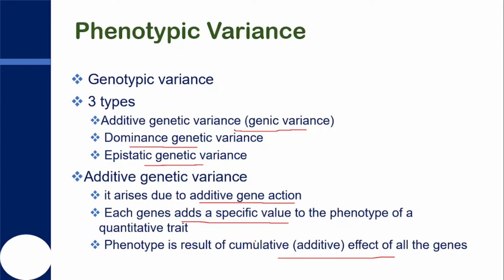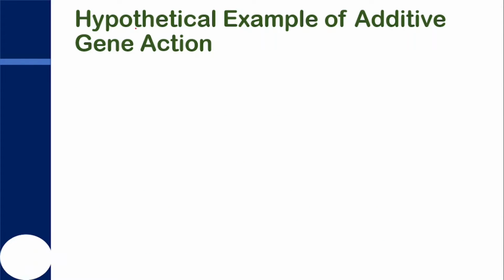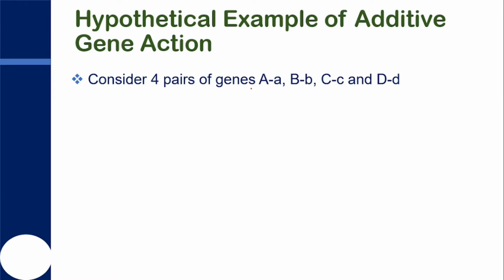I will also provide an example of this additive genetic effect so that you can better understand this additive genetic variance. Here I will provide a hypothetical example of additive gene action. Consider four pairs of genes, which are capital A, small a, capital B, small b, capital C, small c, and capital D, small d.